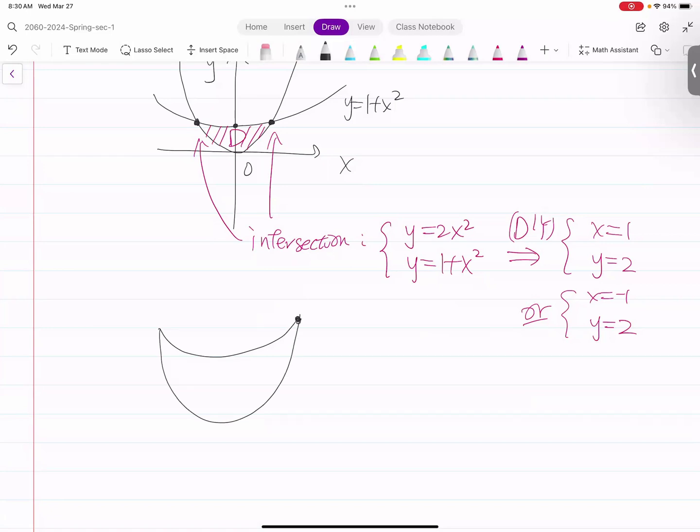Okay. And then we know this point is -1, 2. This point is 1, 2. And then we have the upper bound to be 1 plus x squared. The lower bound is 2x squared.